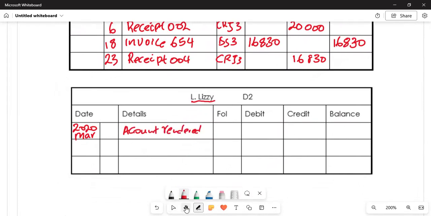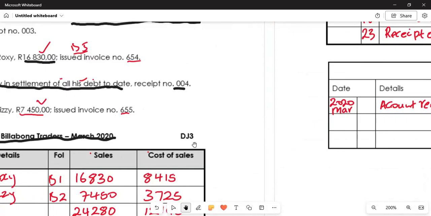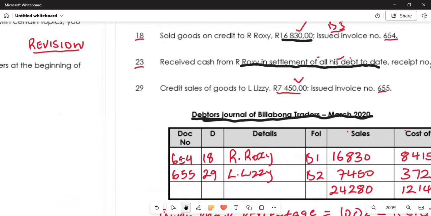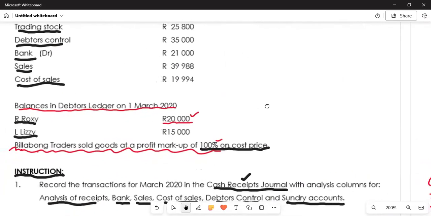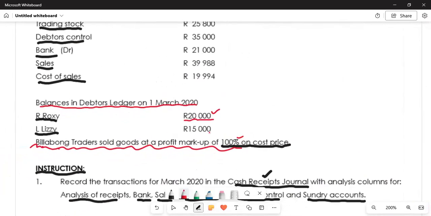So account rendered for Lizzie, now you can see when you come to here, this is the account rendered for Lizzie. 15,000. We are told that Lizzie still owed the business this amount on the 1st of March.